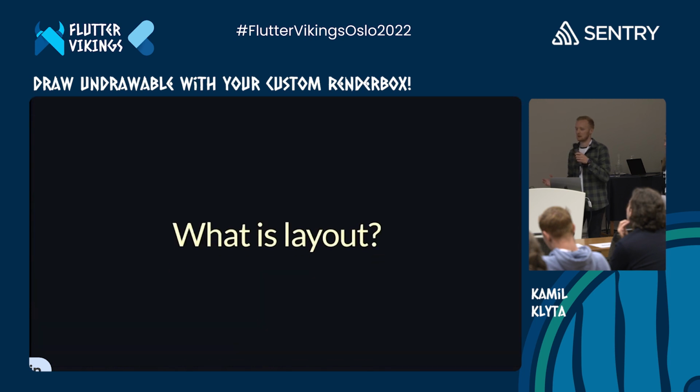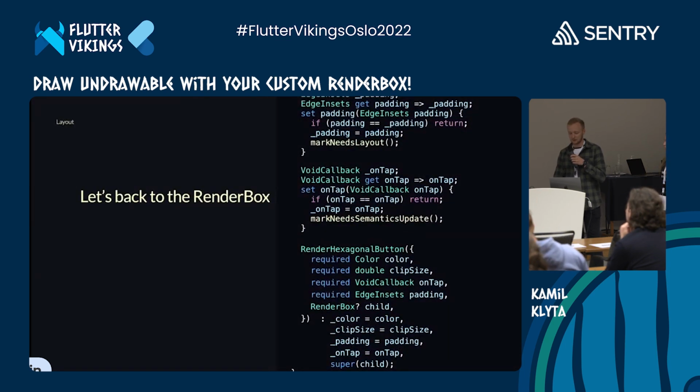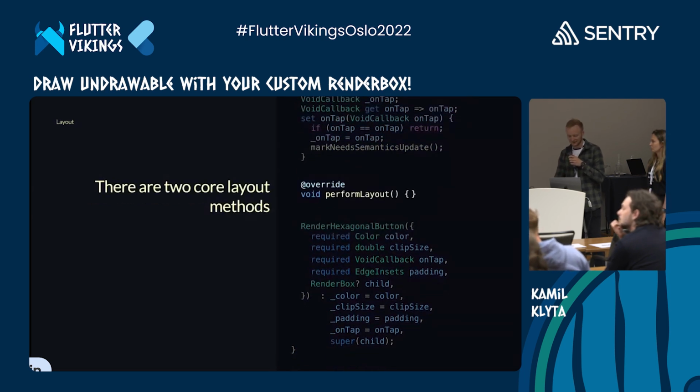And layout is basically a protocol for defining the size of the elements and positioning them. So for example, if you have a square, we want to put this square into, for example, the bottom left corner with a size of 50 pixels. And yeah, so let's go back to the render box. This is the render box that Victoria described a moment ago.